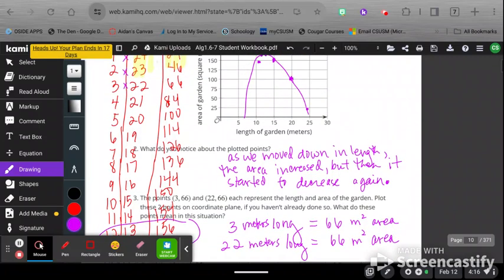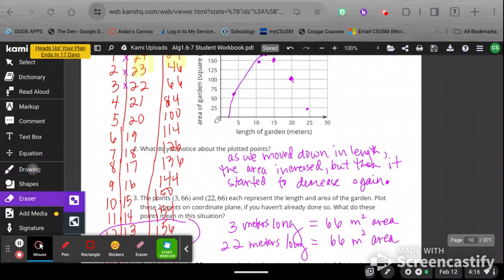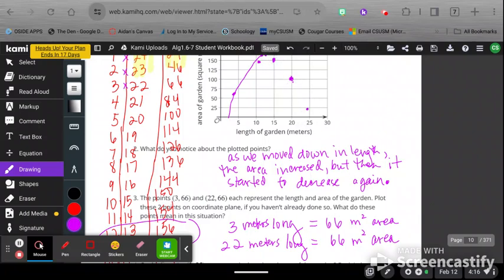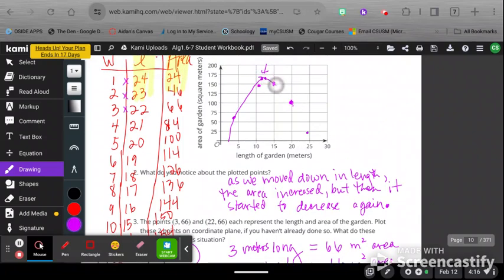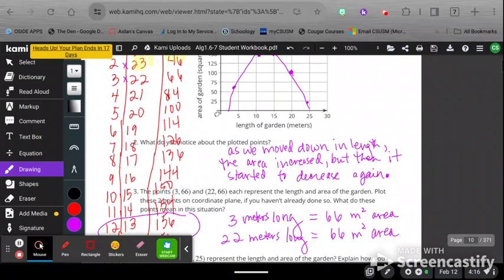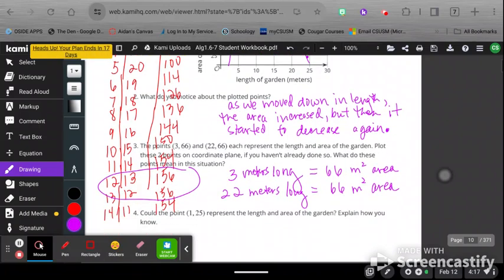So let's go put those two, if we haven't already, (3, 66). So picture this should have gone more like out here. And then (22, 66). And those are the same height.